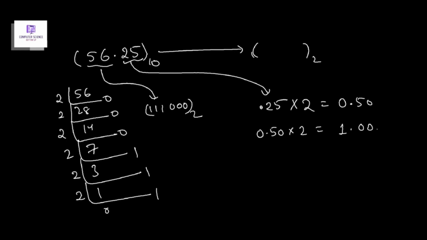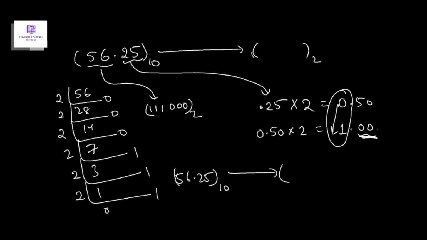So you get 0 in the fractional part. So what is your fractional equivalent part in binary? It is 0 and 1. So 56.25 in base 10 is equivalent to 111000.01 in base 2.